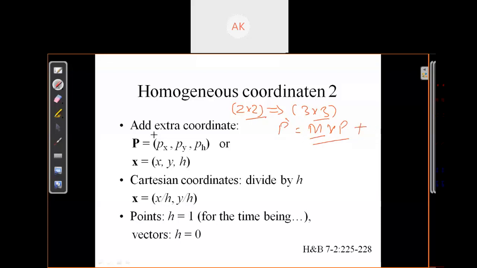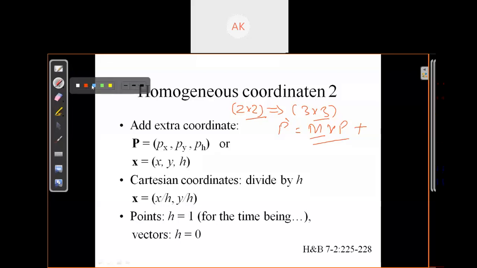Means we have removed the additive term from your equation when we write our matrix in 3 cross 3 instead of 2 cross 2.